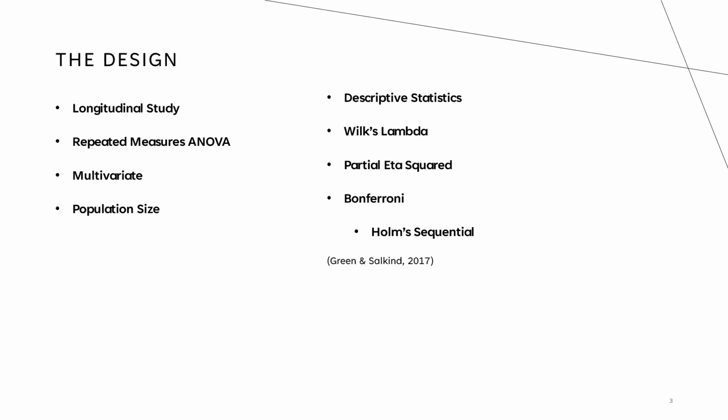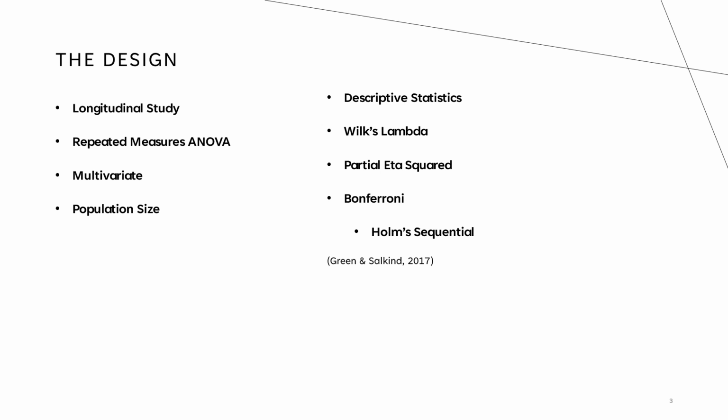We will employ descriptive statistics such as the mean, sample size, and standard deviation to give basic and general information about the data and help to proceed with inferential statistics. So in the inferential statistics, we'll focus on Wilks' lambda to show group variance against total variance.